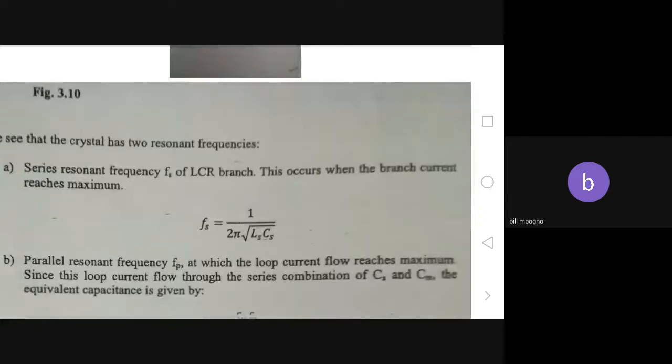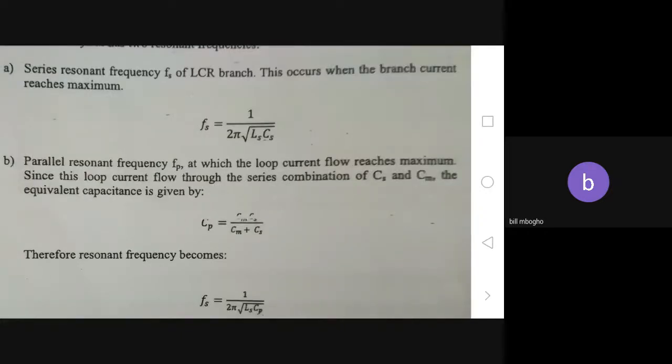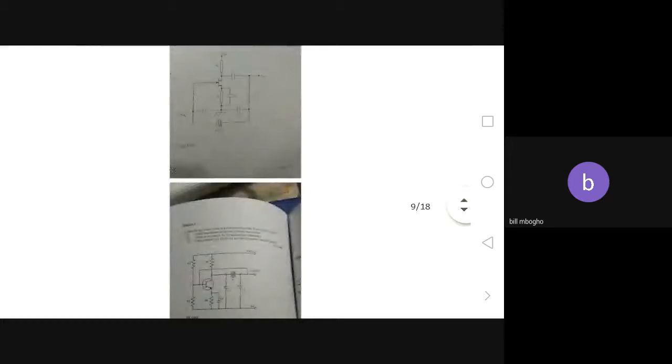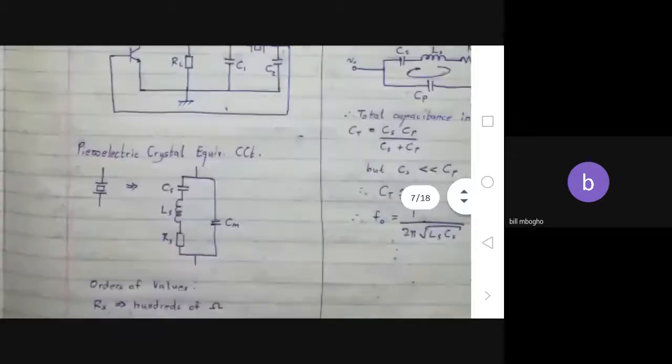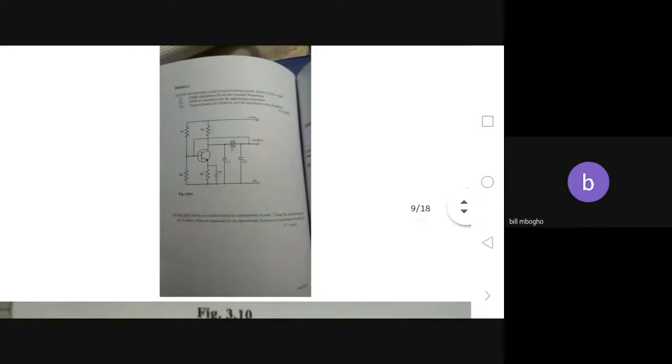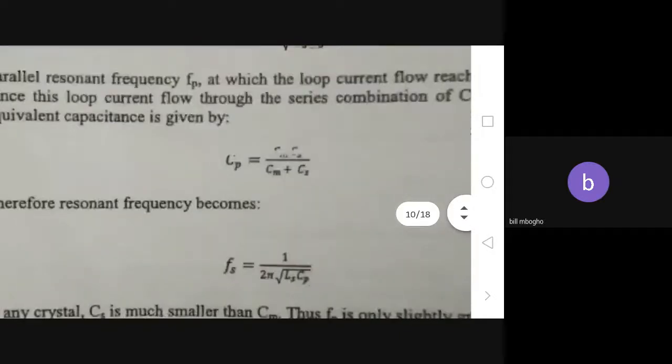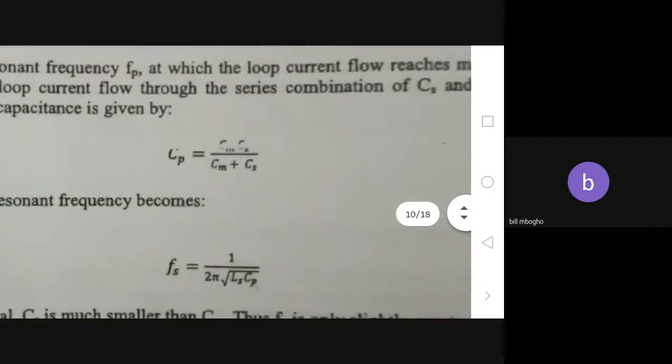For the parallel resonant frequency, you look at the loop going around. You leave out the ends that connect outward and look at it as a series CS, CM, RS, LS. With that, you get CP, which will be the series of CS and CM.